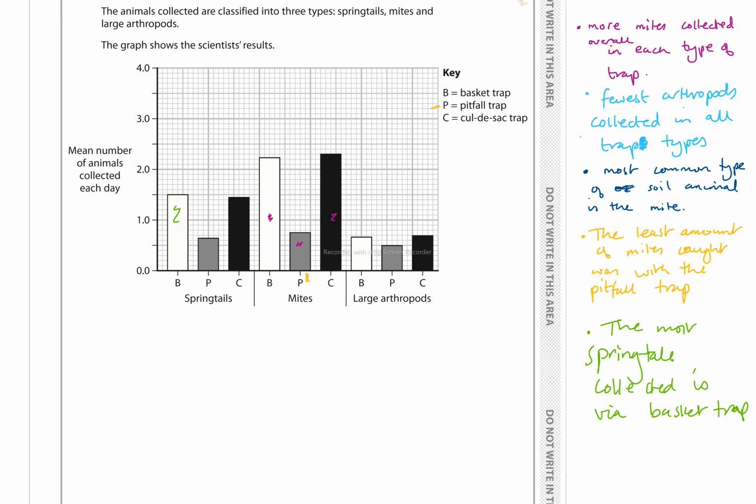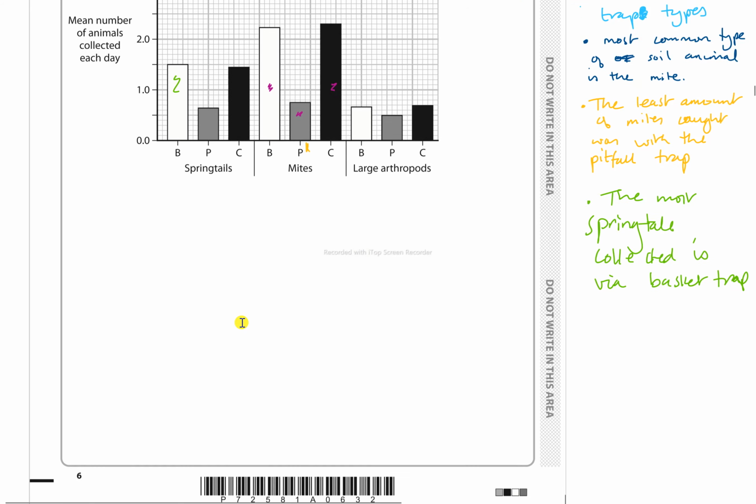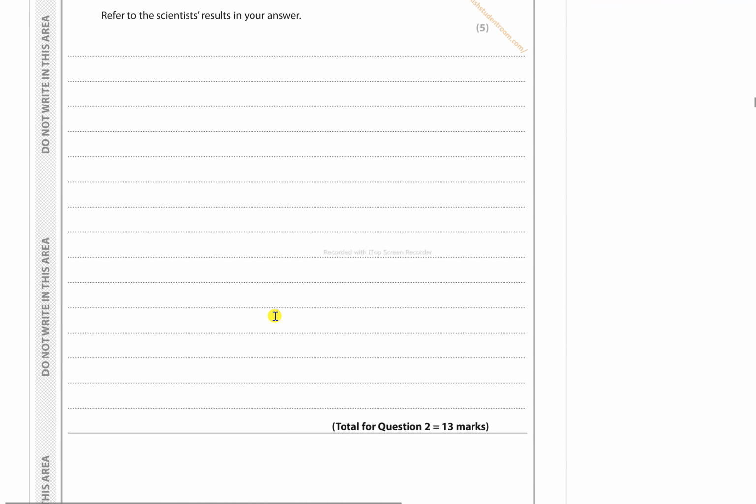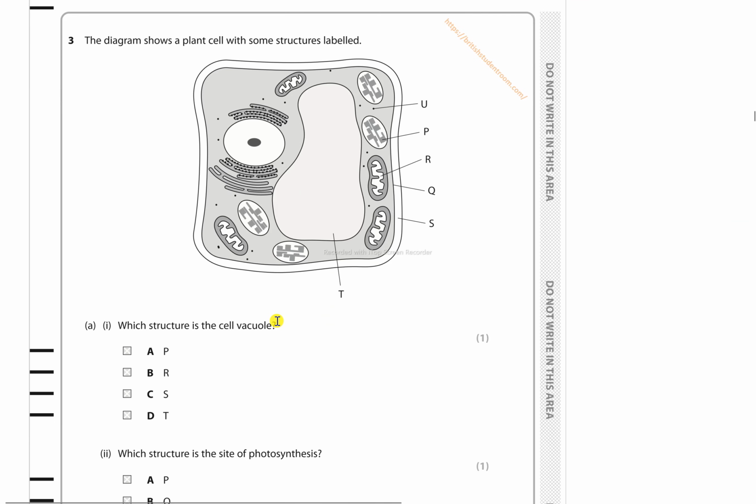And we can also make a statement, look, large arthropods collected by basket trap and pitfall trap is almost equal. Same with springtails. There's not much difference here. So you can make loads of comparisons. Right, that's that done. We'll call it quits there. So that's question 1 and 2.